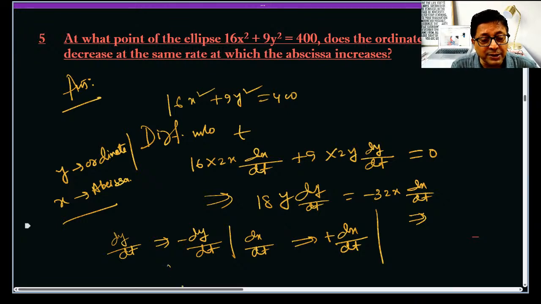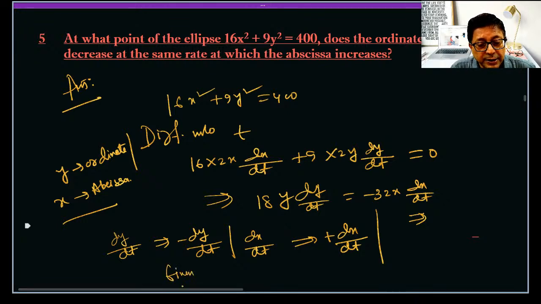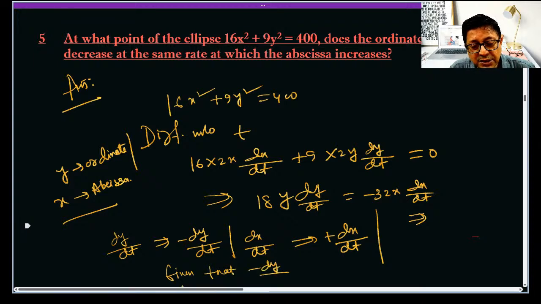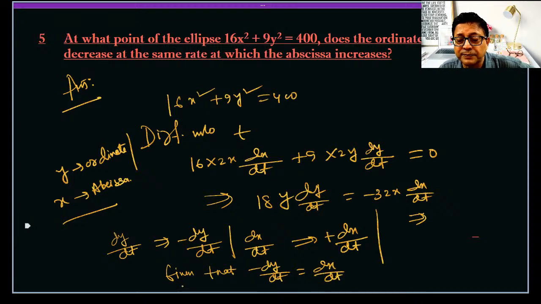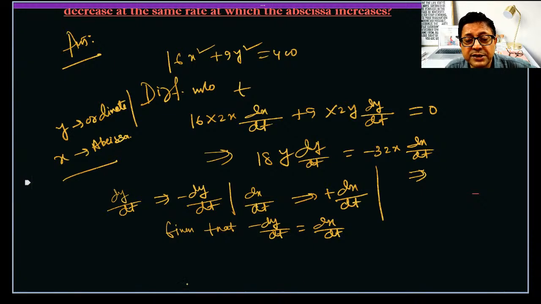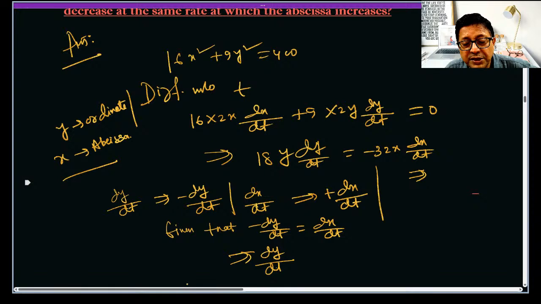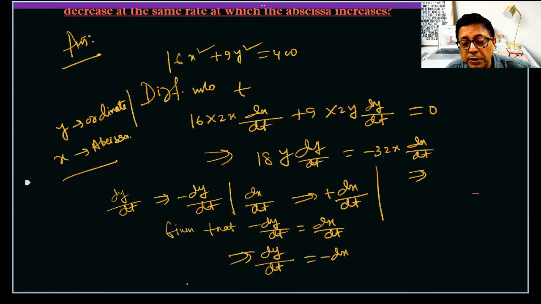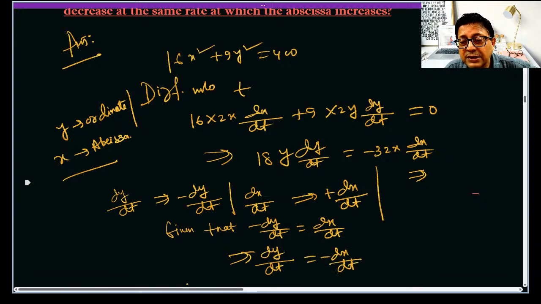What is given over there? Given that minus dy by dt equals dx by dt. So substitute there. This implies that dy by dt equals minus dx by dt.